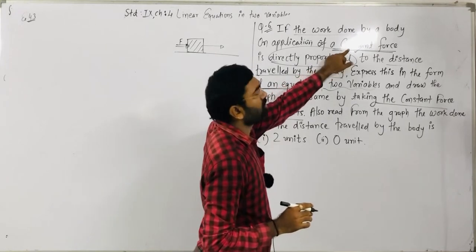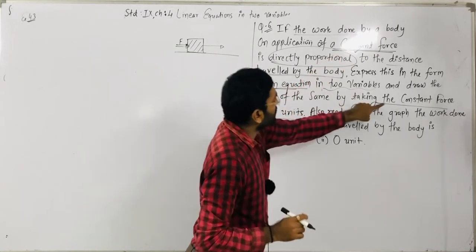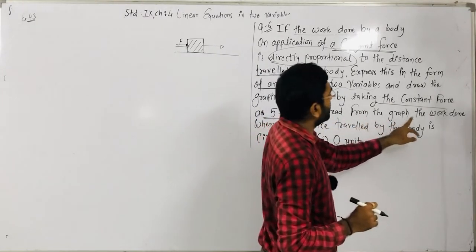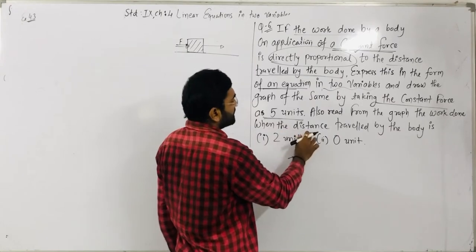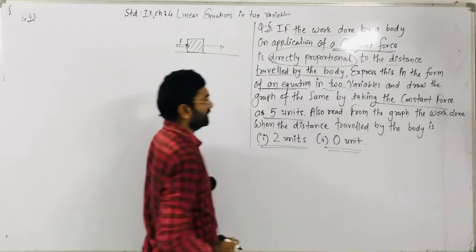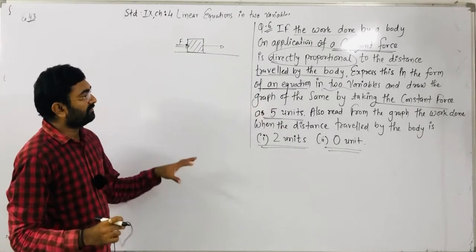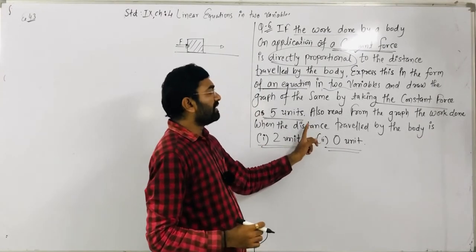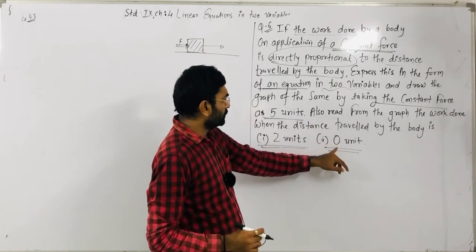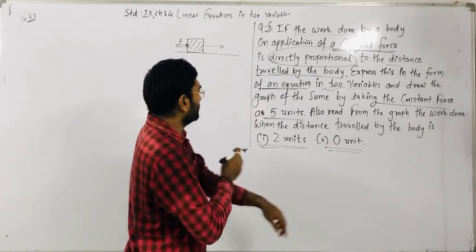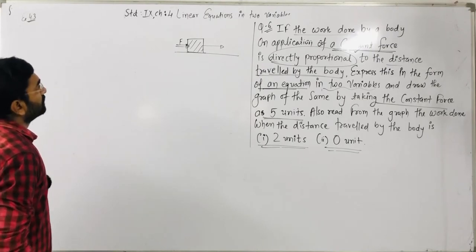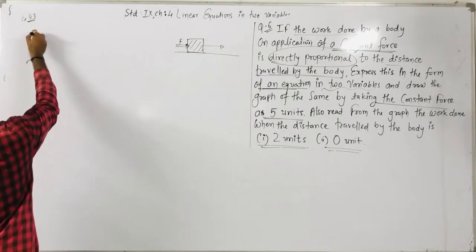They mention a constant force of 5 units, and also read from the graph the work done when the distance traveled by the body is 2 units and 0 units. Okay, so from the graph we have to identify the work done when the body travels 2 units and 0 units, right? That we have to find out. Okay, so its solution I have mentioned here.